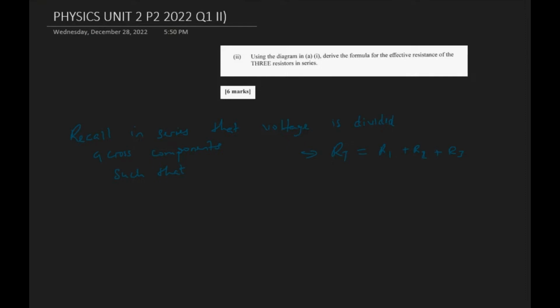Let's just see. I think CAPE this year didn't have enough questions, so they gave away marks per se. But first thing first, you need to recall that in series, the voltage is divided across the components.